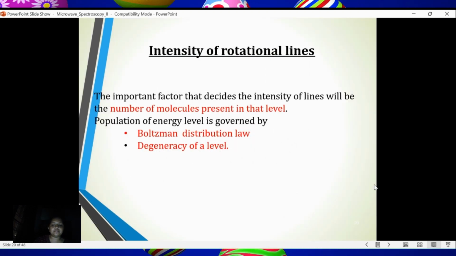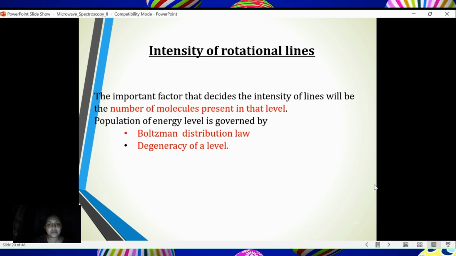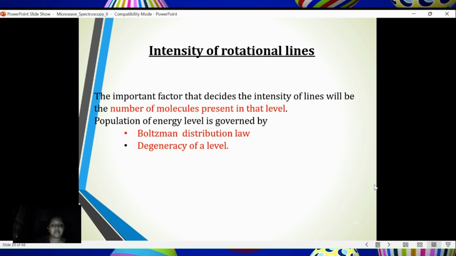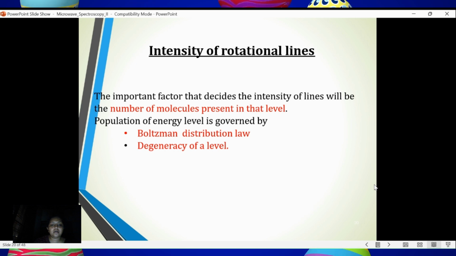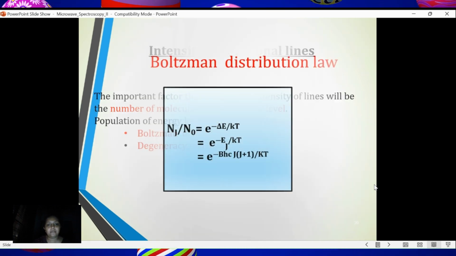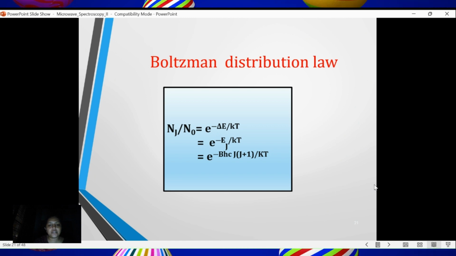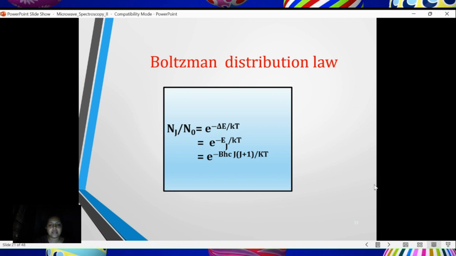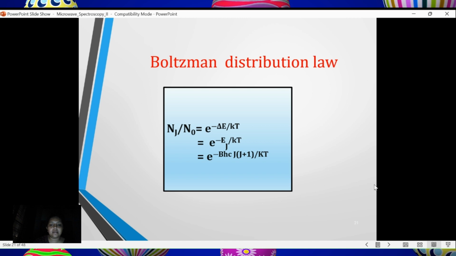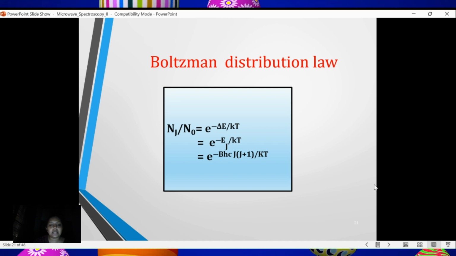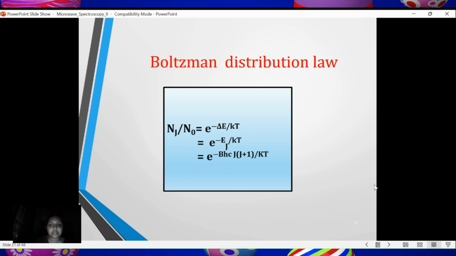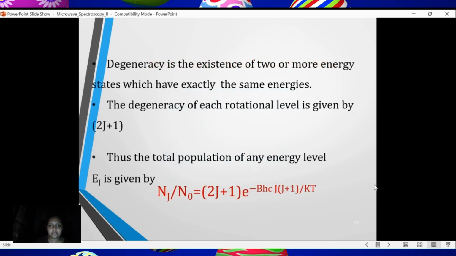Okay, and the intensity of these rotational lines is given by two factors, namely the Boltzmann distribution law and the degeneracy of a level. And this is the equation: nj by n0 is equal to e raised to minus delta E by kT. And we know delta Ej can be written as minus Bhc into j into j plus 1 by kT.